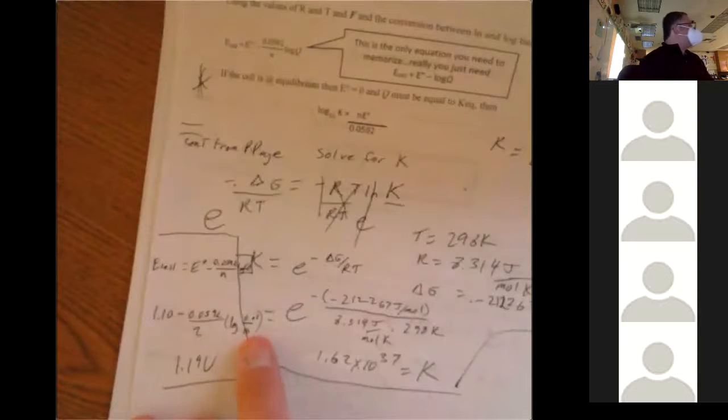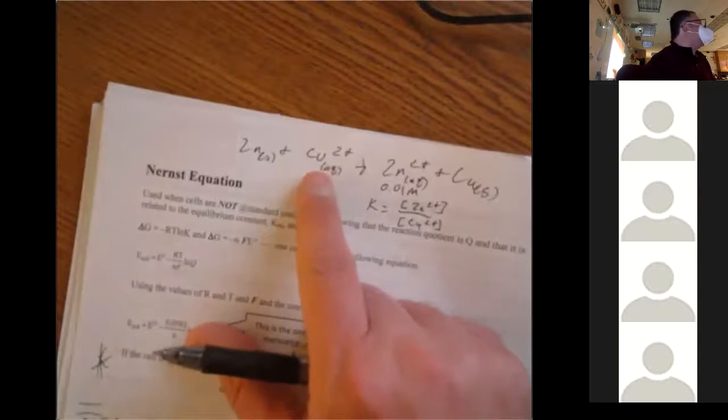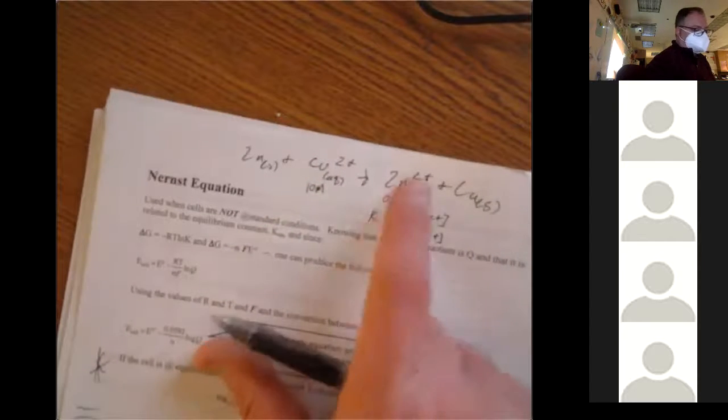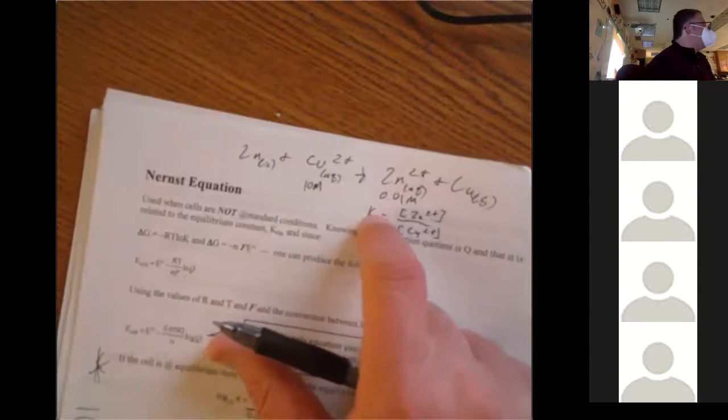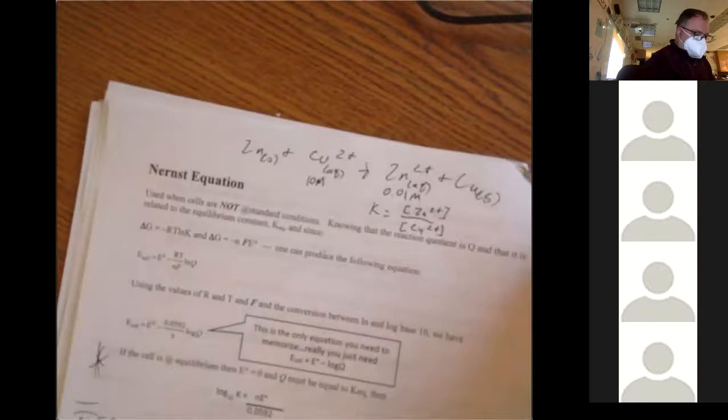I made them up. Basically, I said that this is a 10 molar copper 2 sulfate solution, and this is a 0.01 molar. Yep. So I came up with these 2 numbers just to talk about the concentration of the solution in each of the half cells, right? Yeah.